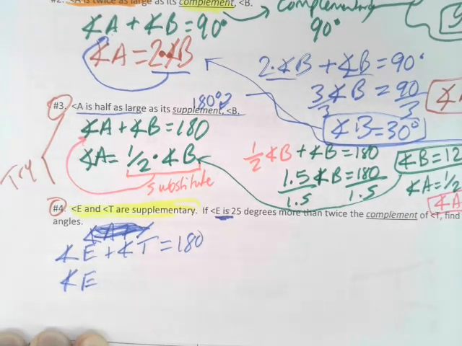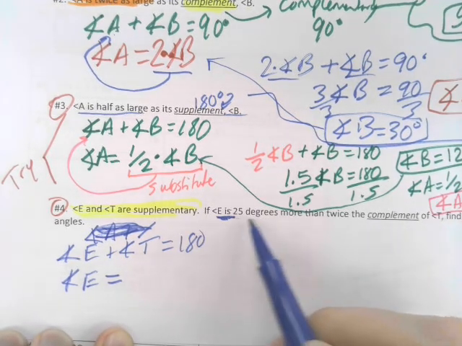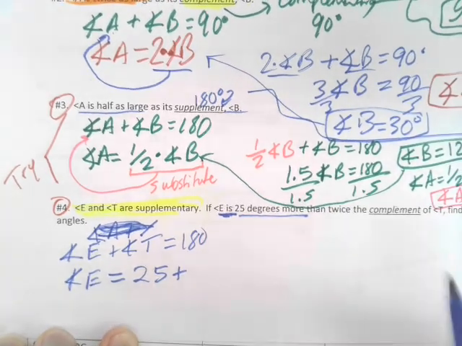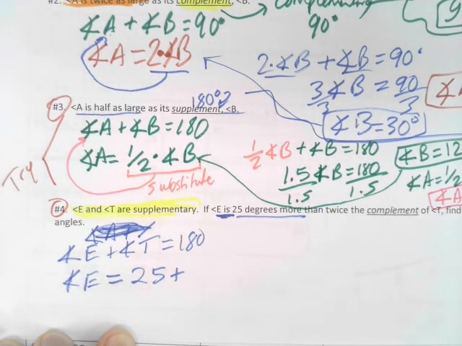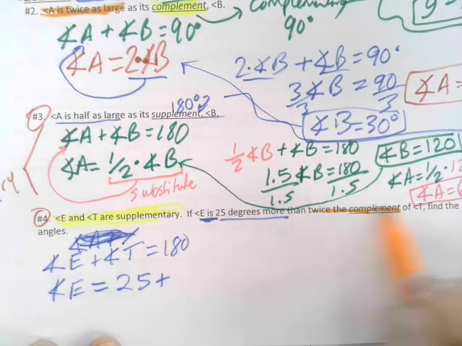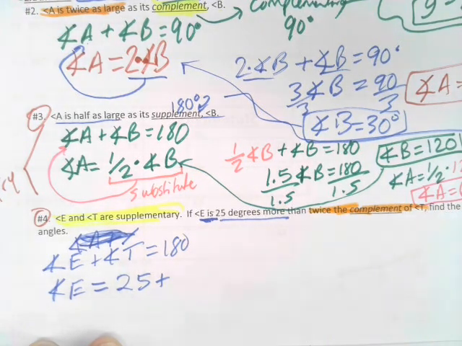Angle E is, so we know we've got an equal sign, 25 degrees more, so that'd be 25 plus, this is the part that freaks some people out, twice the complement of t. Twice the complement of t.